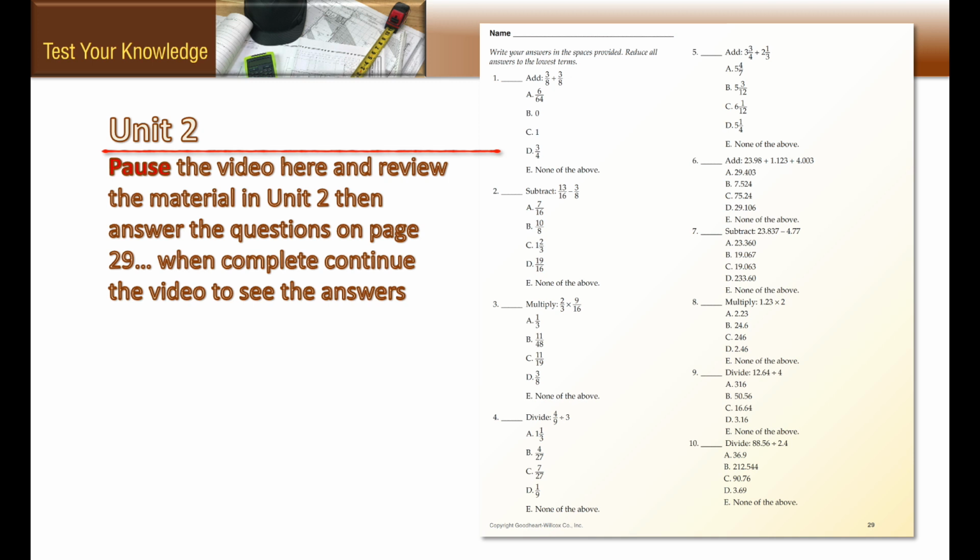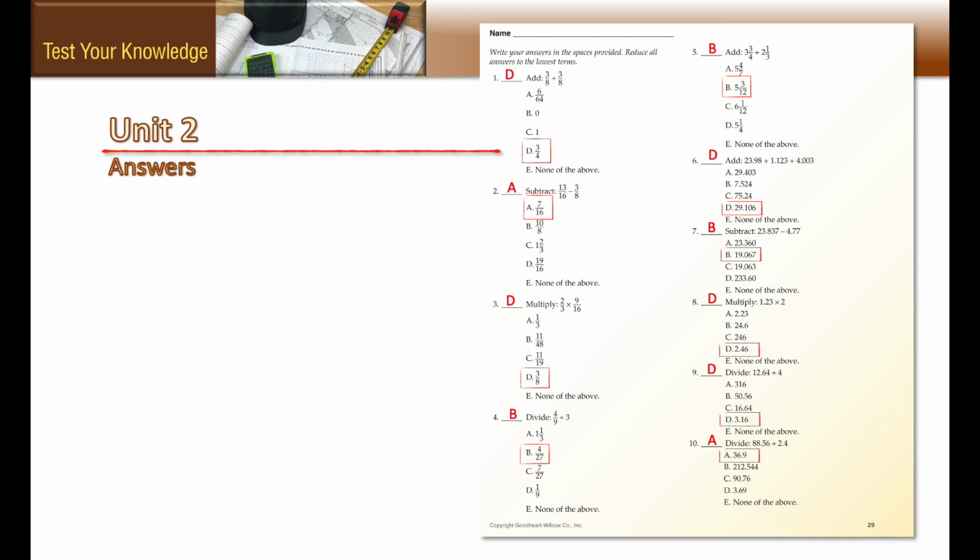Test your knowledge. Pause the video here and review the material in Unit 2. Then answer the questions on page 29. When complete, continue the video to see the answers. Repause the video to review the answers.